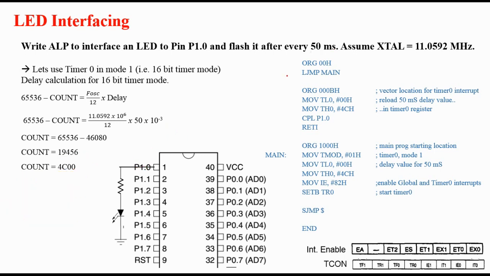Our program will have a different structure because we are going to use the interrupt mechanism. How to use the interrupt mechanism and how this program gets executed is described in detail in the previous unit, so I recommend you access the previous slides.